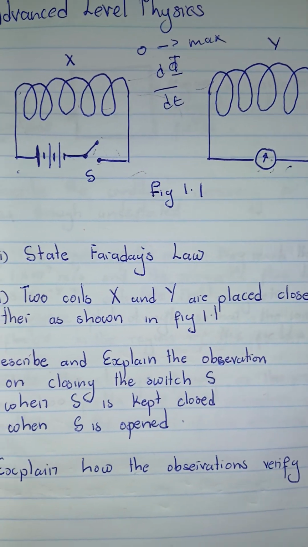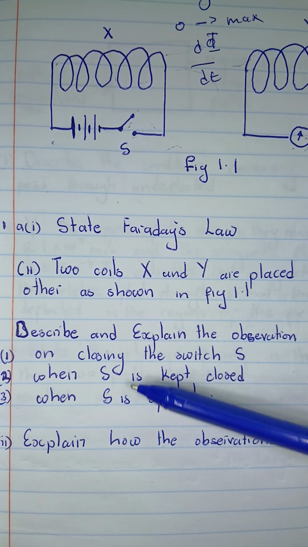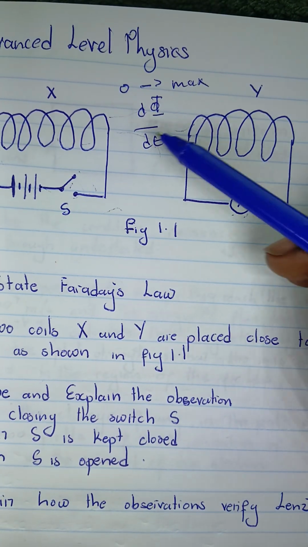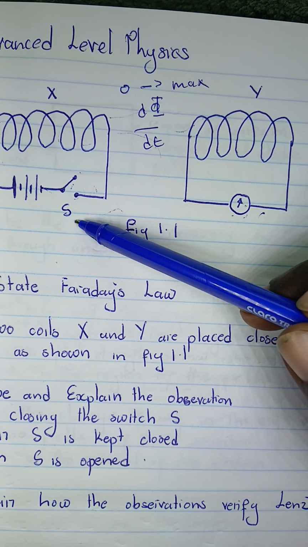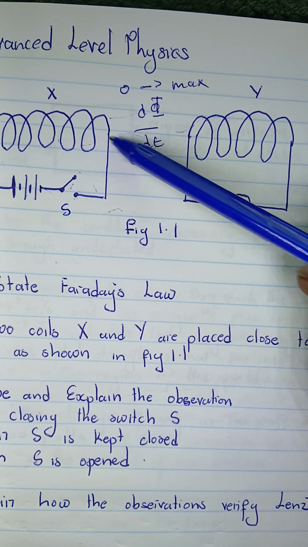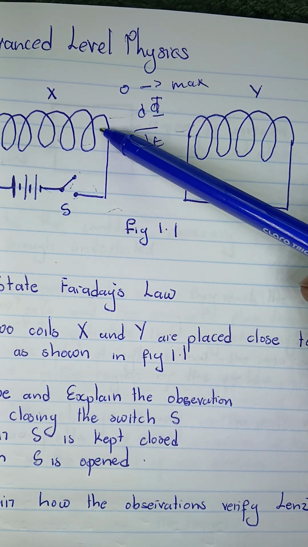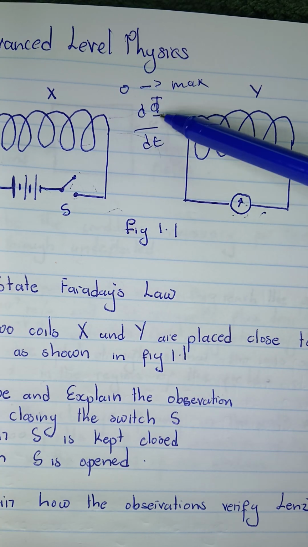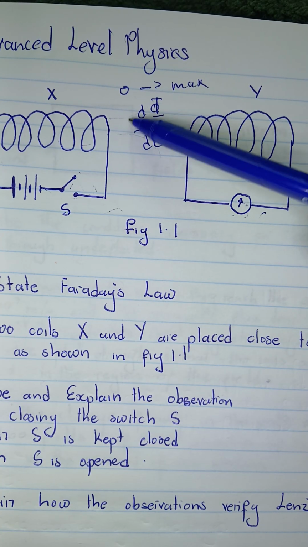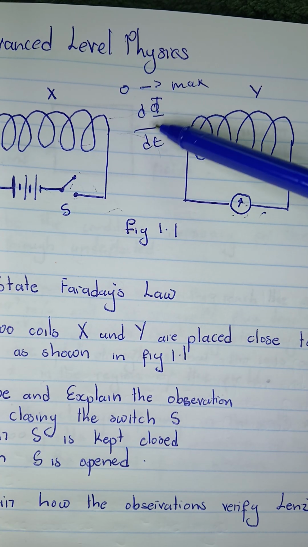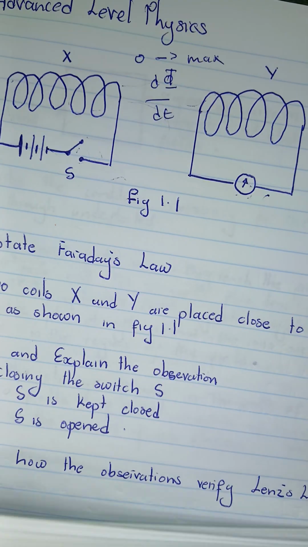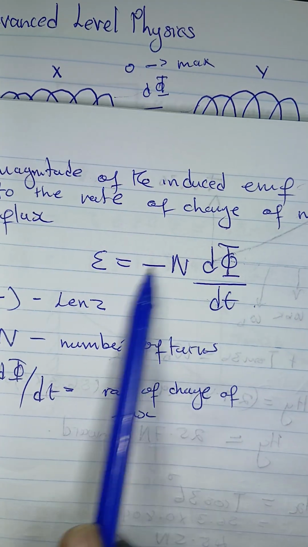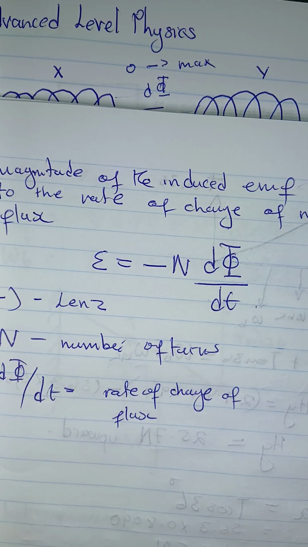So let's do another question. When S is kept closed, there's going to be a constant current moving here, so the flux is not changing, so dΦ/dt becomes 0. And if we look at our formula, if this becomes 0, there is no induced EMF.